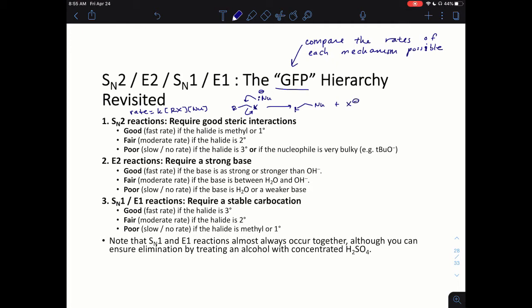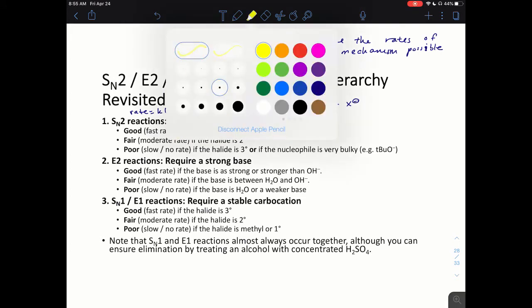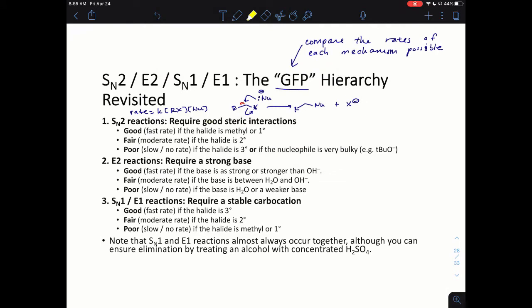When I say sterics of the reaction, I'm really referring to the substitution pattern of the alkyl halide. So how many other carbon atoms are on that alpha carbon, but also, how bulky is the nucleophile.